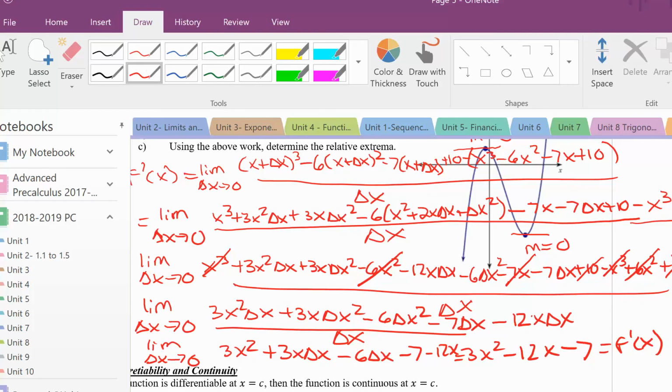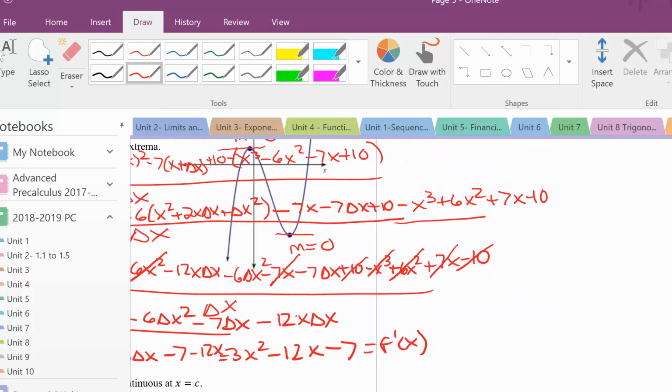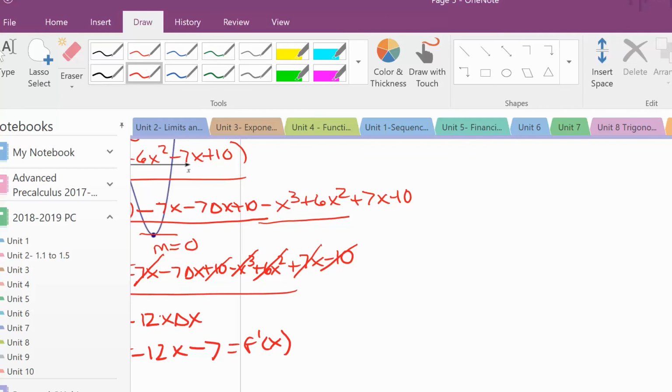Now, to figure out where it has a relative minimum or maximum, you need to know where the slope is 0. So you want f prime of x to equal 0, which means 3x squared minus 12x minus 7 equals 0. So you're going to have to use the quadratic formula.